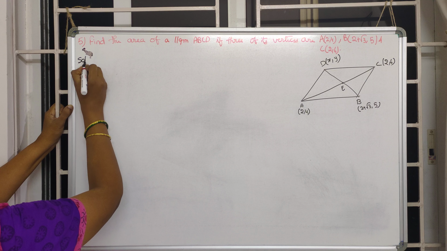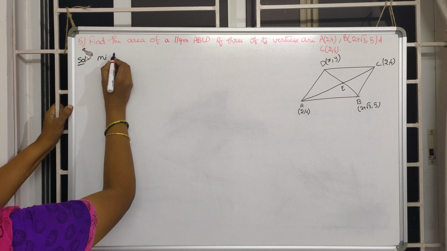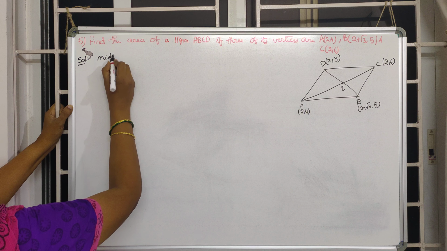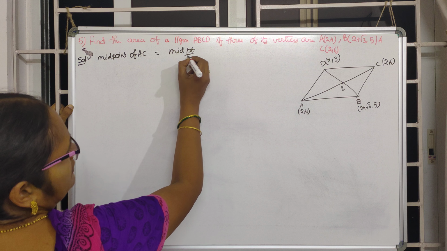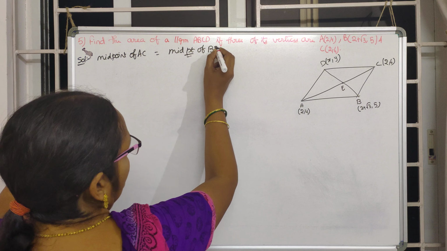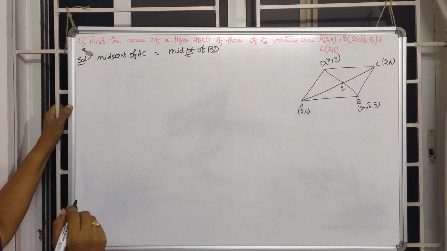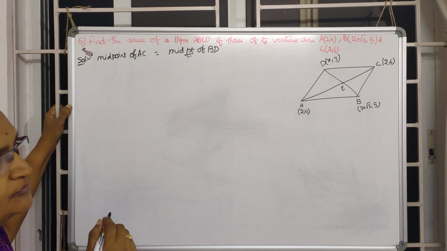That is, midpoint of AC equal to midpoint of BD. Midpoint formula we know already: (x1 plus x2)/2, (y1 plus y2)/2.